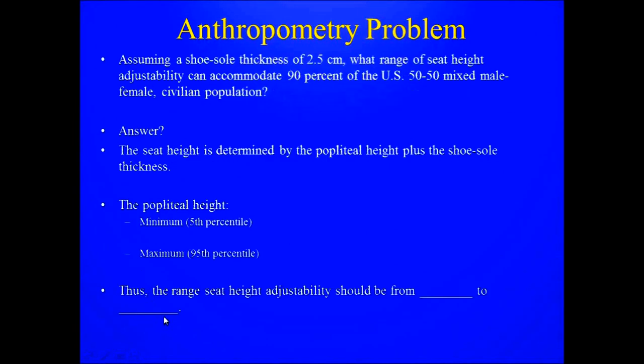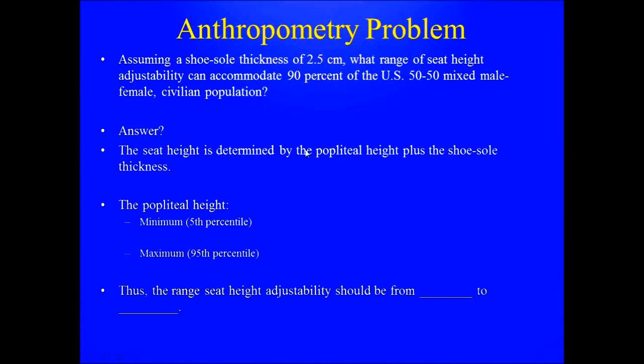One of the problems that I asked you to work on was the anthropometry of seat height adjustability to accommodate 90% of a 50-50 mixed male-female population. You have all the information that I gave you a little bit earlier. The seat height is determined by the popliteal height plus the shoe sole thickness.